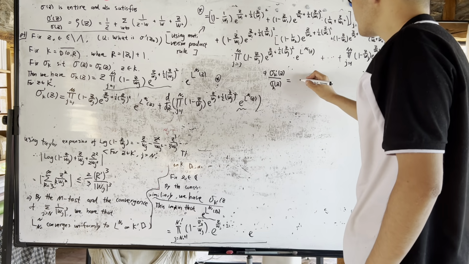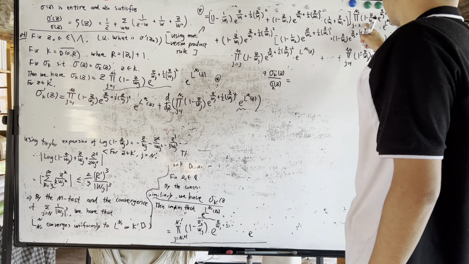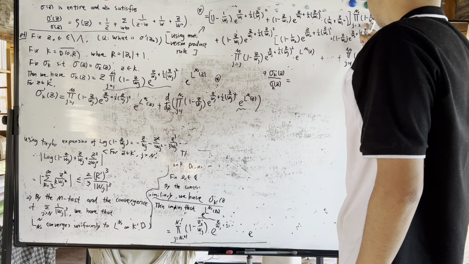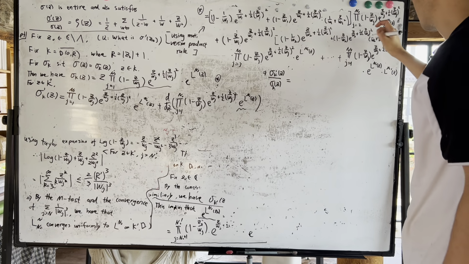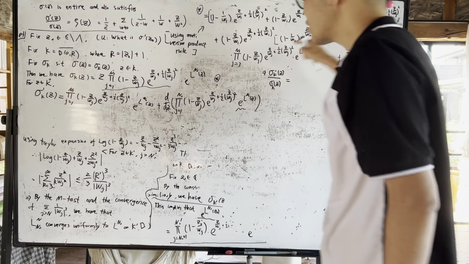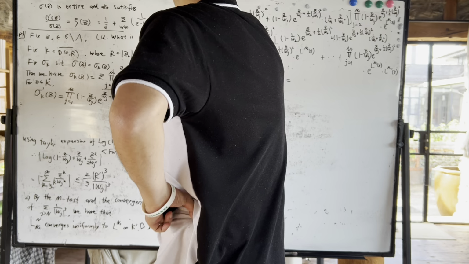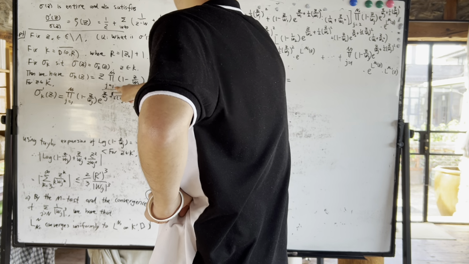Let's first focus on the first term, right? So for the first term, this whole thing would cancel out with the product from j equal to 2.